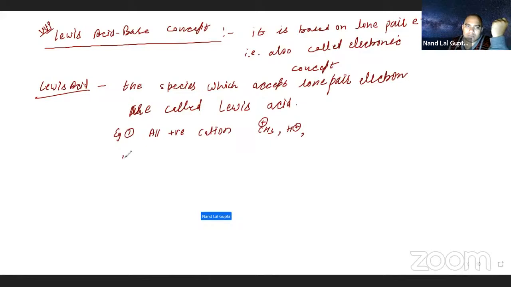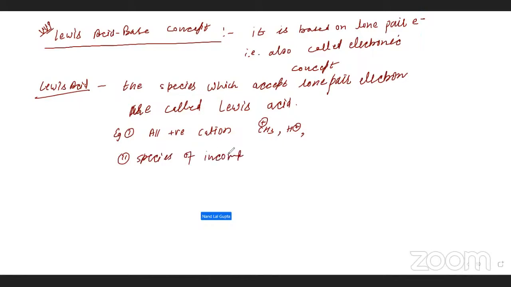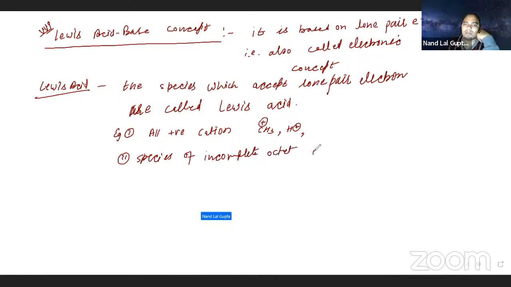Next, a species with an incomplete octet, like BCl3, AlCl3, FeCl3.